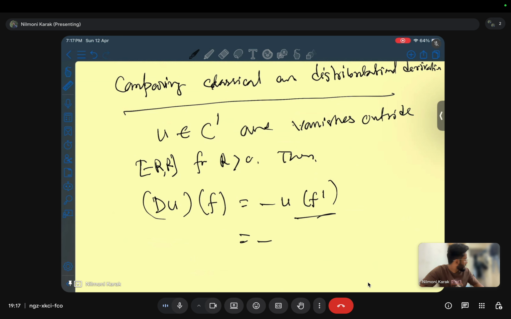This is basically the integral from minus r to r, since u vanishes outside minus r to r, of u(x) f dash(x) dx, right?